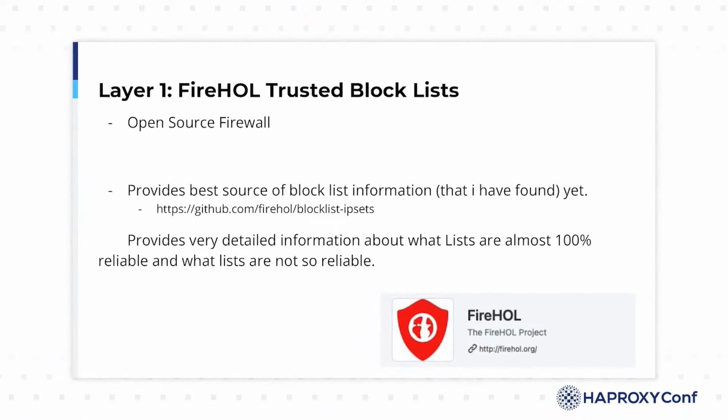They even break down the block lists into 4 different layers so that they help you know which lists to trust right away and which ones might need a little more work. The average list on FireHOL is updated about every 6 hours. Some, though, are only updated every 12 hours or possibly once a day.